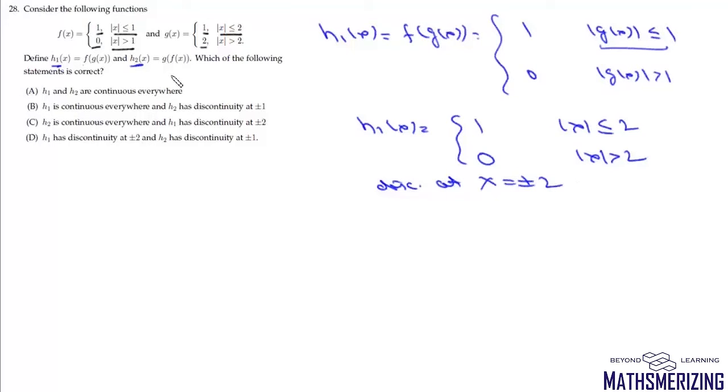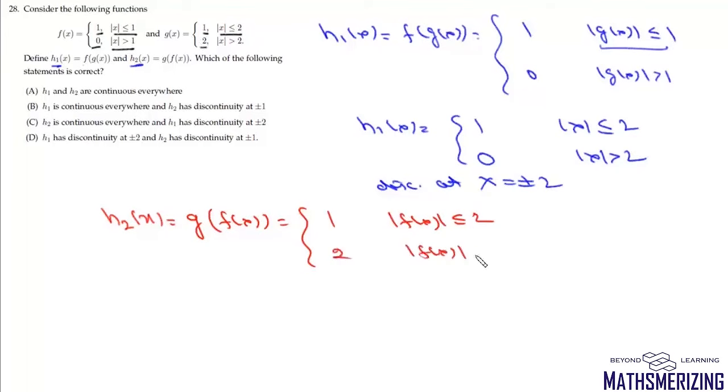Now what about h2(x)? Now h2(x) is g of f(x). Now g of f(x) will be 1 when mod f(x) is less than or equal to 2, and will be 2 when mod f(x) is greater than 2. Now f(x) can take the value 1 and 0. So that means it cannot take a value greater than 2.